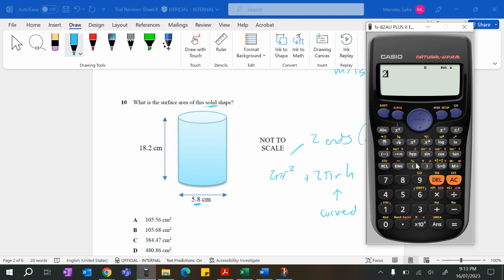We're going to say 2 times pi times 2.9 squared, plus 2 times pi times 2.9 times my height, 18.2. I like putting in the times, though I don't think you have to.